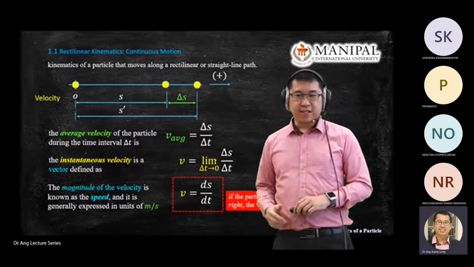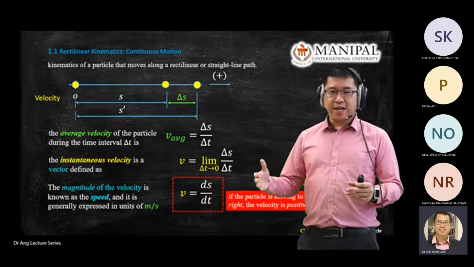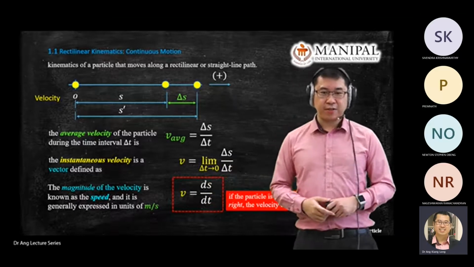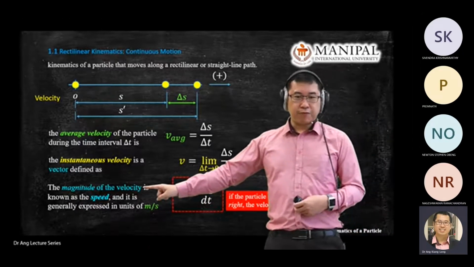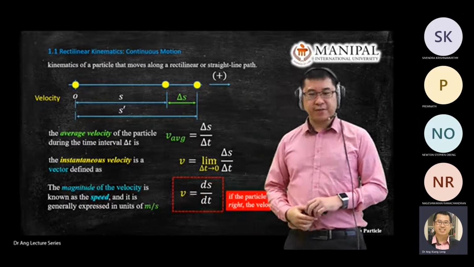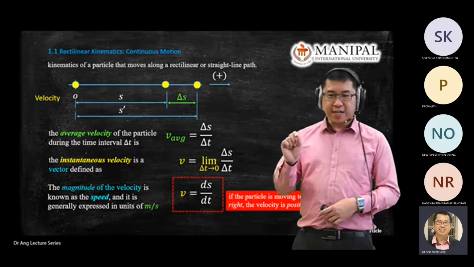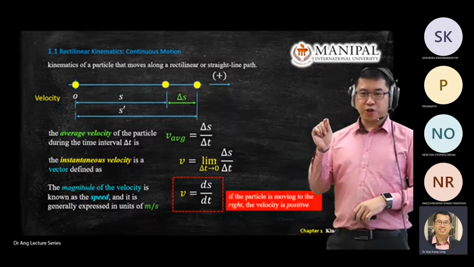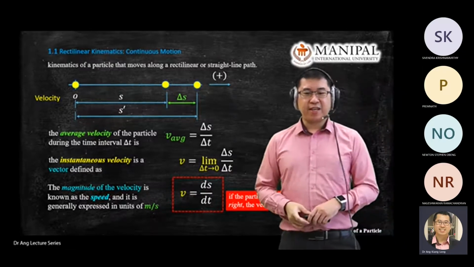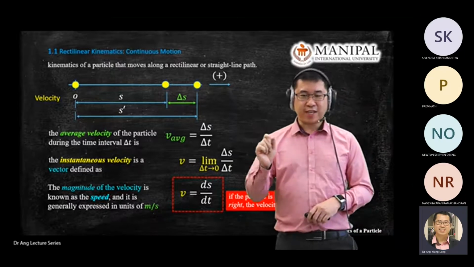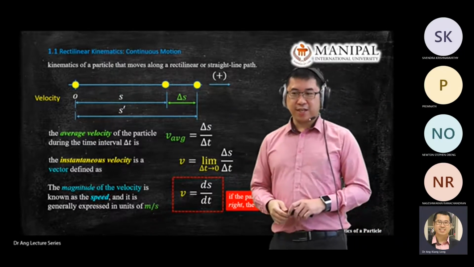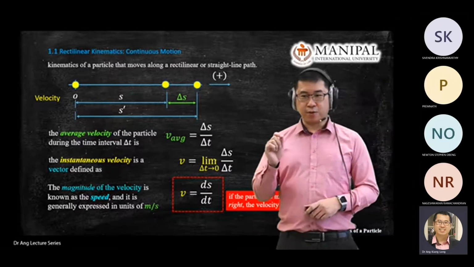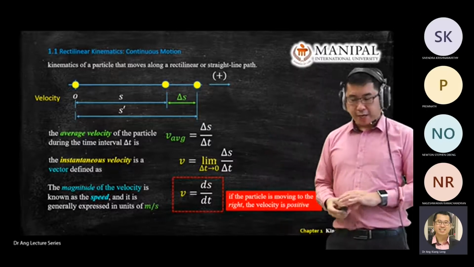Speed is a scalar quantity. Scalar quantity means you don't have direction, you just have a magnitude. Okay, so differentiate between velocity and speed. In your answers in test 1 and the final exam, be careful when you use the wording speed and velocity. If the question asks you to solve velocity, give your answer in velocity. If the question asks you to solve speed, then you give speed. Okay.